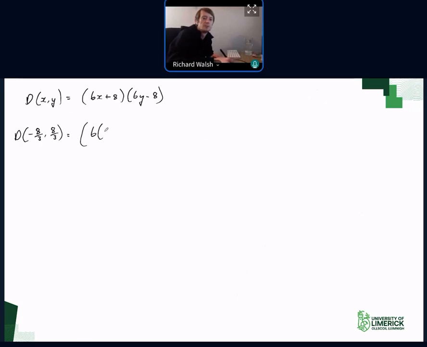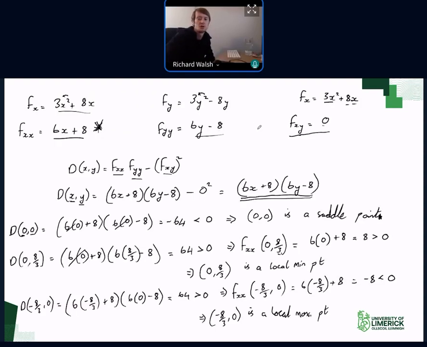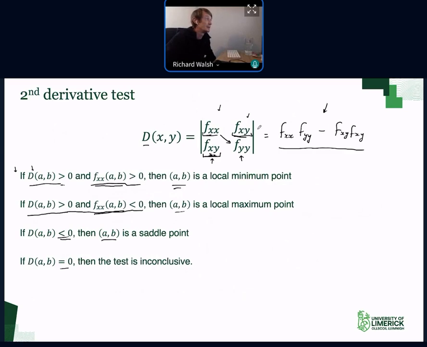I'll sub minus 8 over 3 in for x and 8 over 3 in for y. Excuse me. And we calculate that out. So it'll be minus 8 times 8, minus 64. Minus 64 is less than 0. So going back to our test again, if it's less than 0, you don't need to check anything about the second partial derivative with respect to x. It's just a saddle point if it's less than 0.